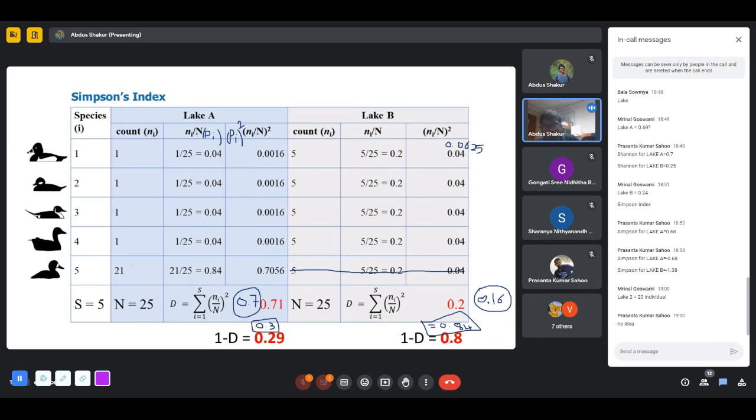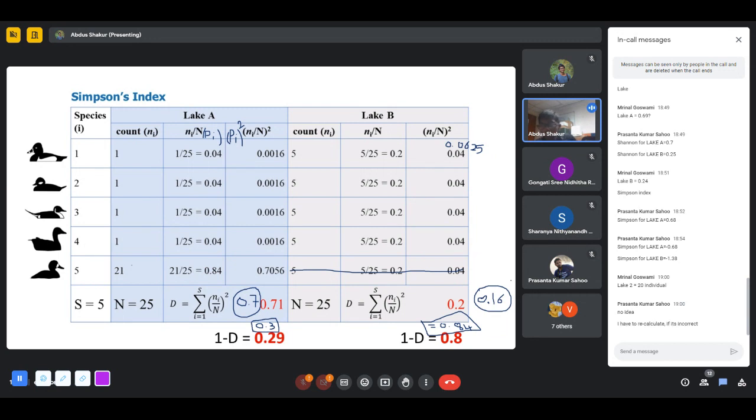It's my bad, I forgot about that. There are 4 of them, and it's 0.25. So the final value we get is 0.25 here. Kindly ignore 0.16 here. Once we subtract this from 1, what you get is 0.75.